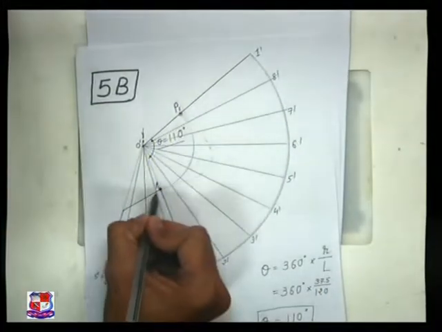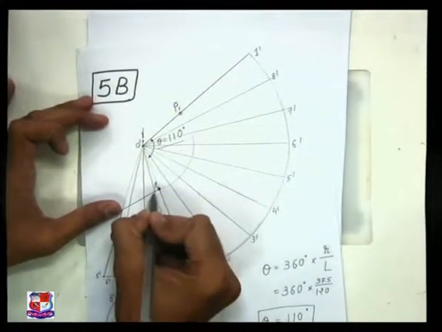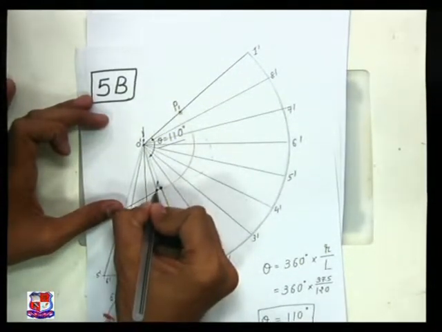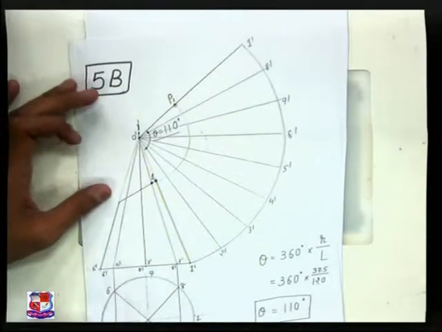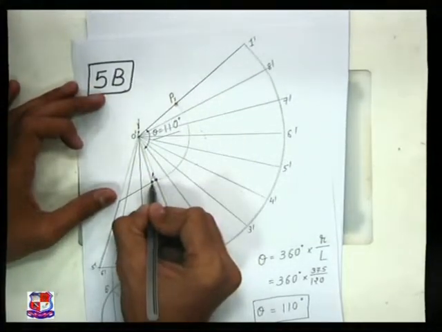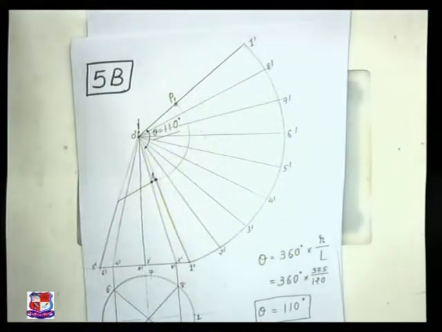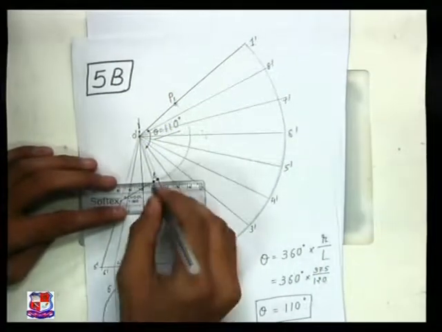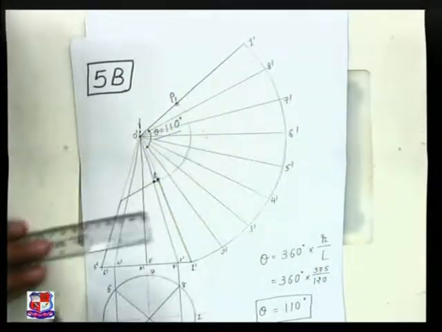Now think about this point. This is the point on O dash 2 dash and on this inclined cutting plane. So from this point, draw a straight horizontal line to transfer that point to its true length. So a line would be there like this, a horizontal line.